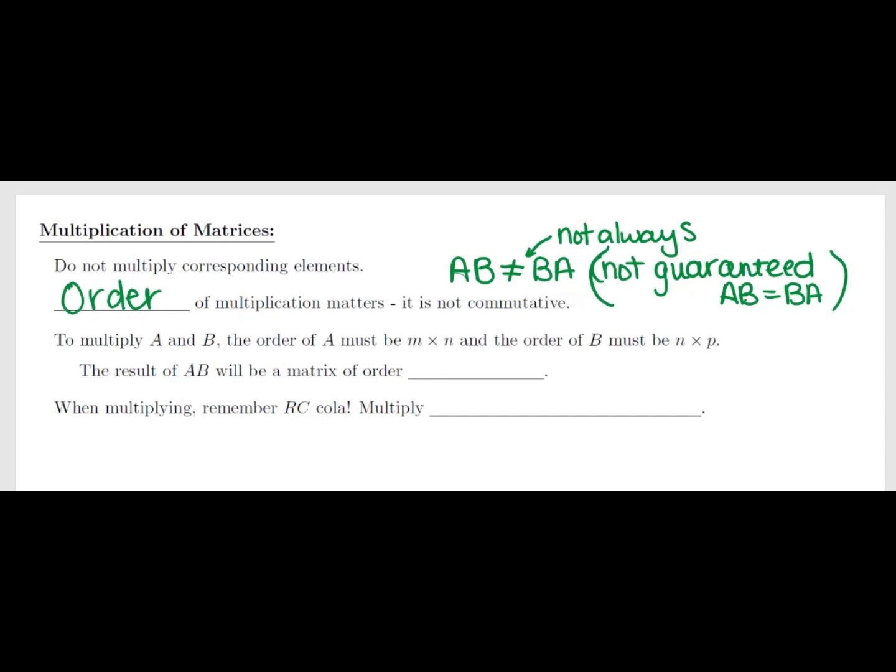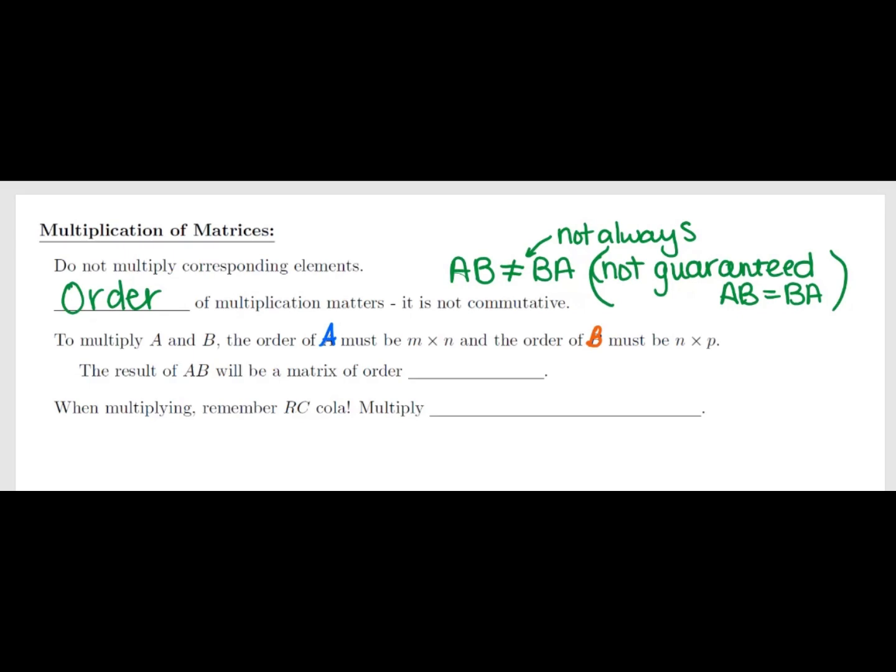To multiply A and B, we say that the order of A must be m by n. And remember, this is rows by columns. And then the order of B must be n by p. All right, I know that's really confusing. So let's say that we have A as my blue matrix and B is my orange matrix.